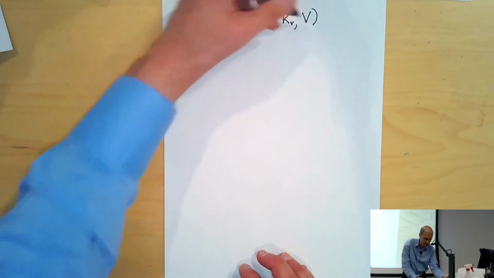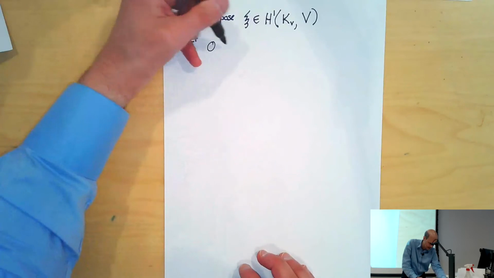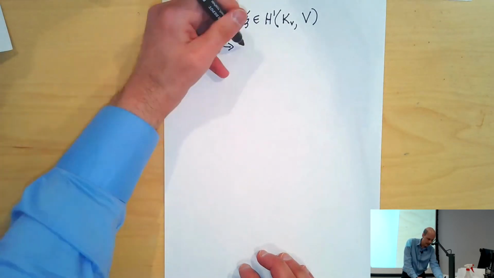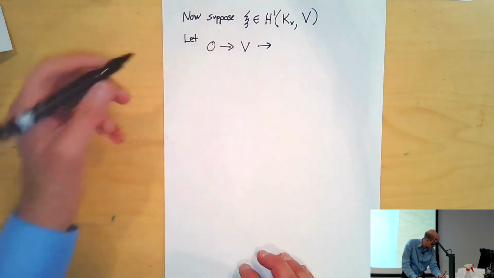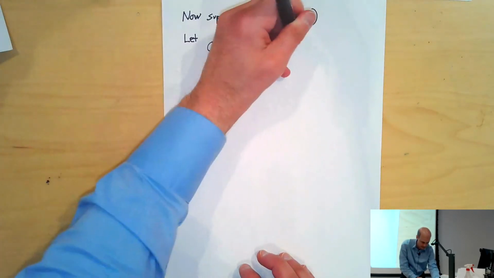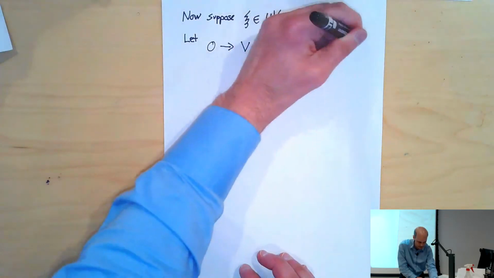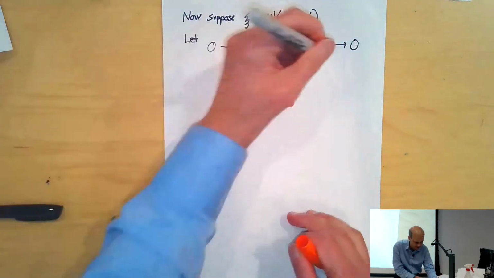If you have a cohomology class in H1 of something like this, it's canonically associated to an extension of Qp by V. These are all local Galois representations. On the right, you have the trivial one-dimensional representation, so this Qp has a trivial action.